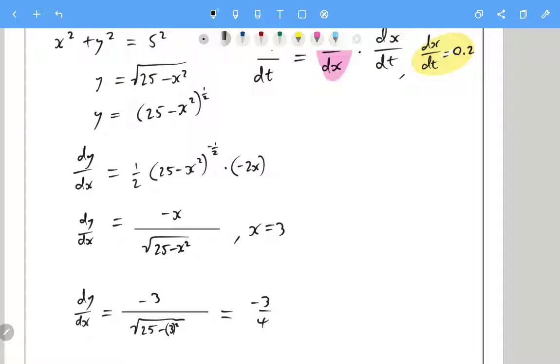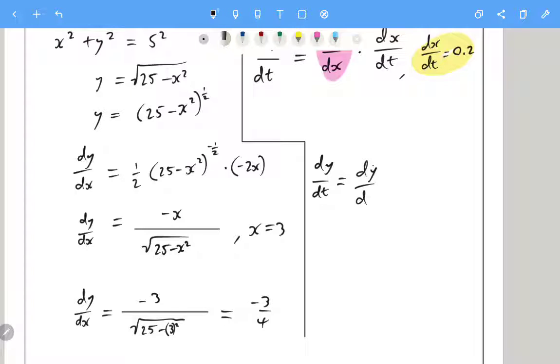And dx/dt is 0.2. So let's finish the problem. dy/dt is equal to dy/dx times dx/dt.